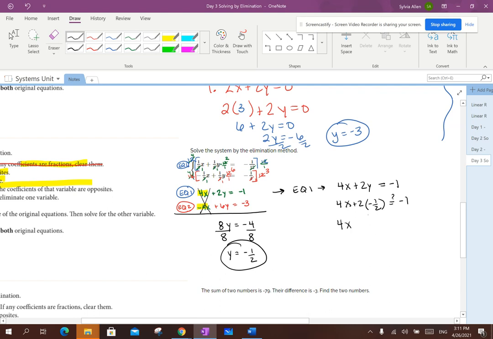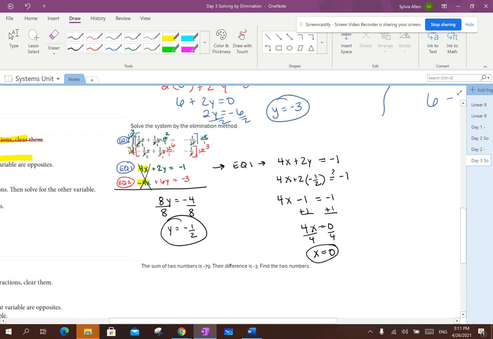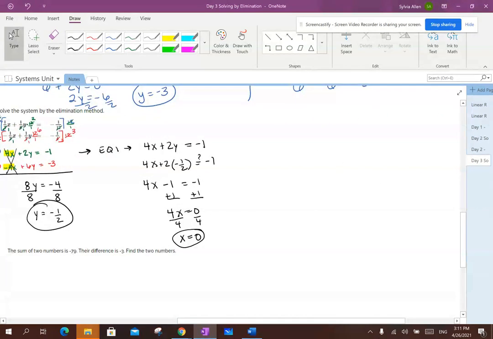So 4x, 2 times negative 1/2 is negative 1. So I'm going to add 1. I get 4x is equal to 0. Divide by 4. Remember, it's okay if 0 is on top. It just means that x is 0. So my ordered pair, which is the next step, would be the x and then the y. Now, I should check.